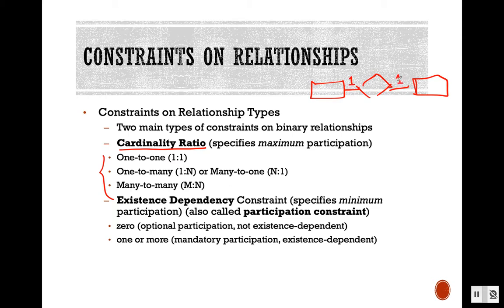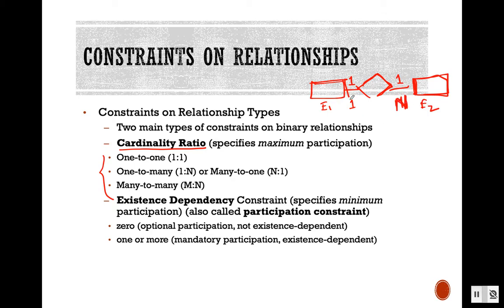One-to-one says that one entity from the E1 entity type can participate in the relationship with only one entity from the E2 type. One to many, or one to n, says that one to many.